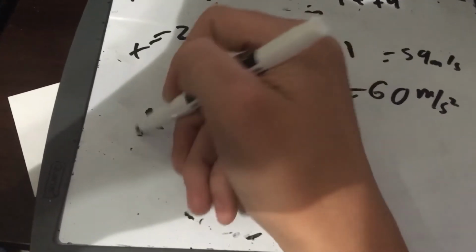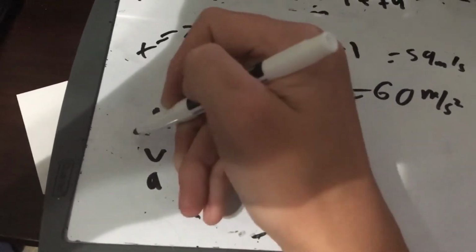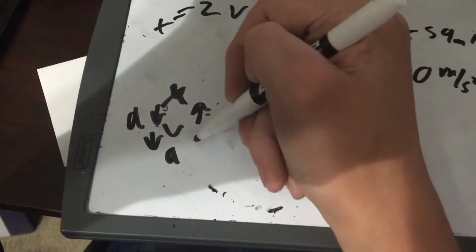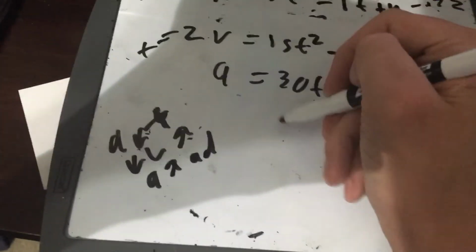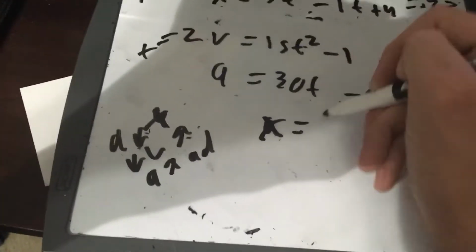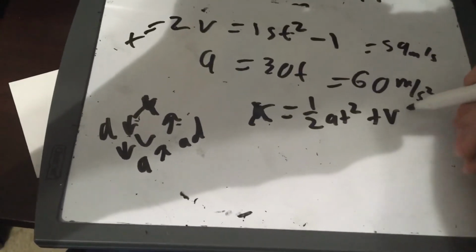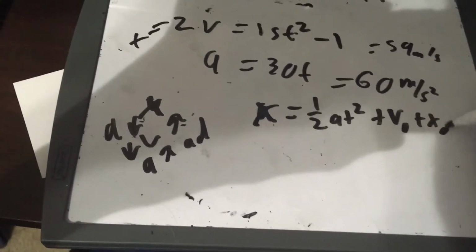Oh, remember, 5 things. X, v, a, going down, that's thing number 1. That's the derivative. Up is the antiderivative. Your 3 formulas: x equals 1/2 a t squared plus initial velocity times t plus initial displacement.